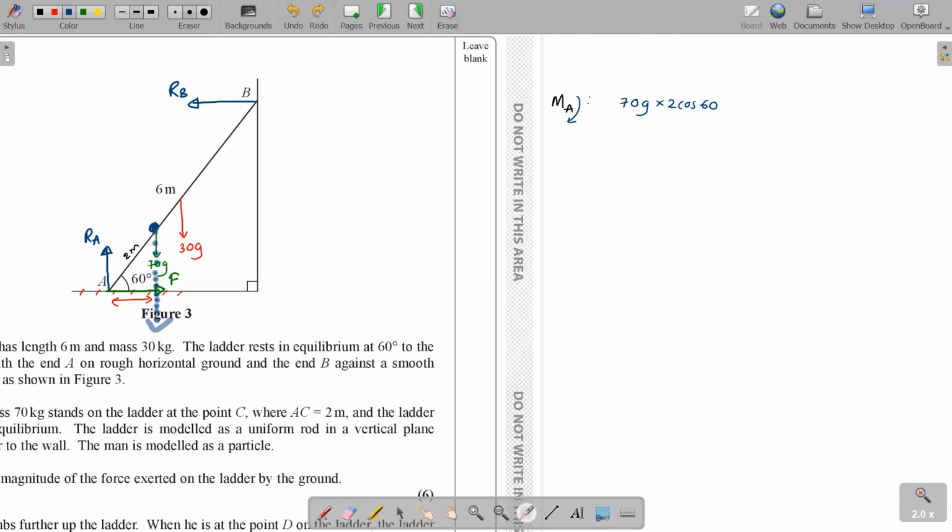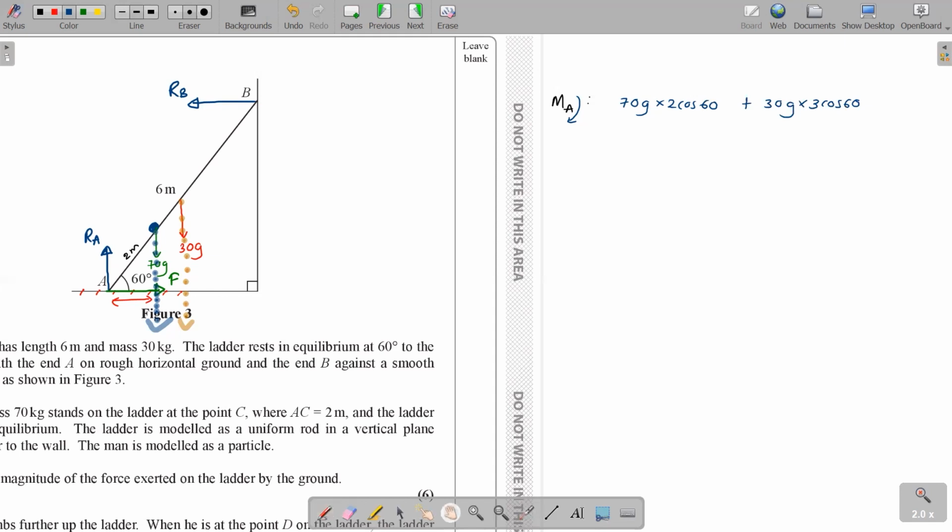It's quite similar. The only thing that's differing here, the direction is still the same. It's pulling downwards, clockwise. And how much is it? Plus 30G into 3 cos 60. Both are producing clockwise moments.